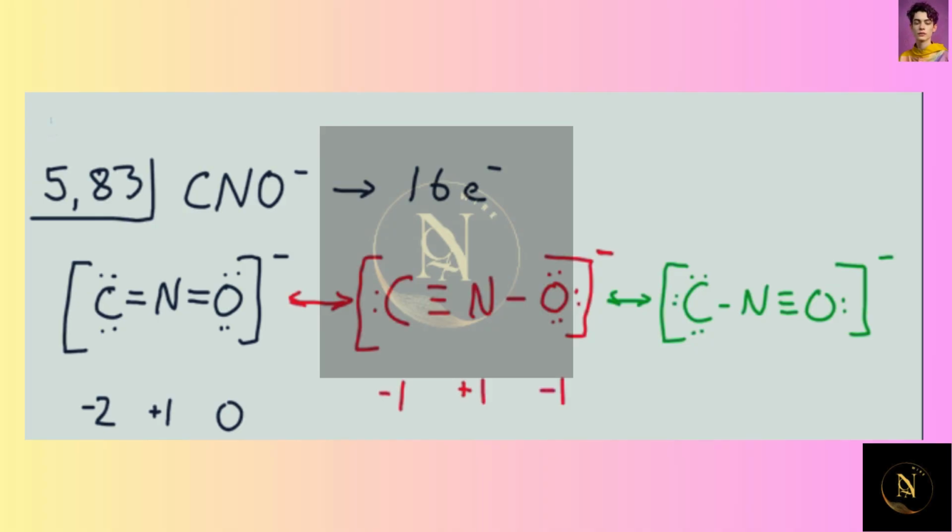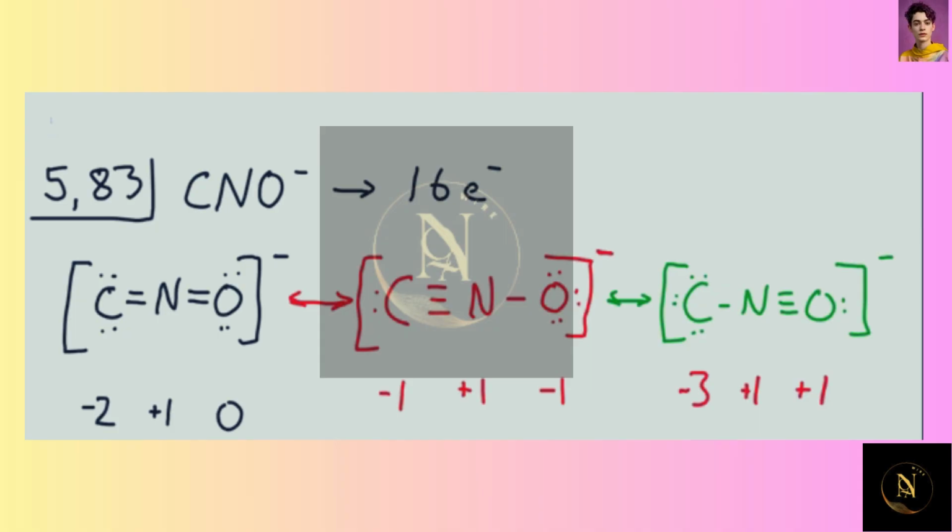Now for carbon in the resonance structure on the right, we have 4 minus 7, so negative 3. 5 minus 4 plus 1 for nitrogen, and 6 minus 5 plus 1 for oxygen.